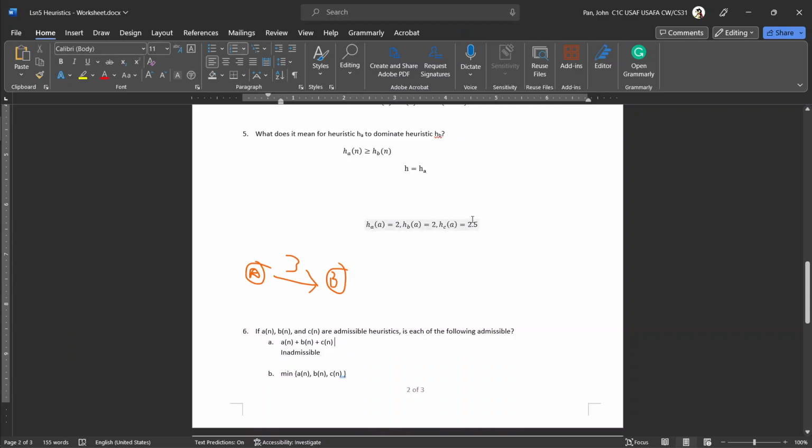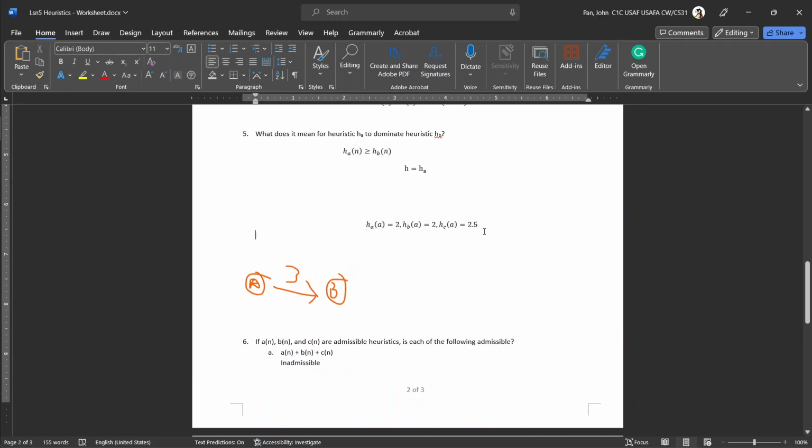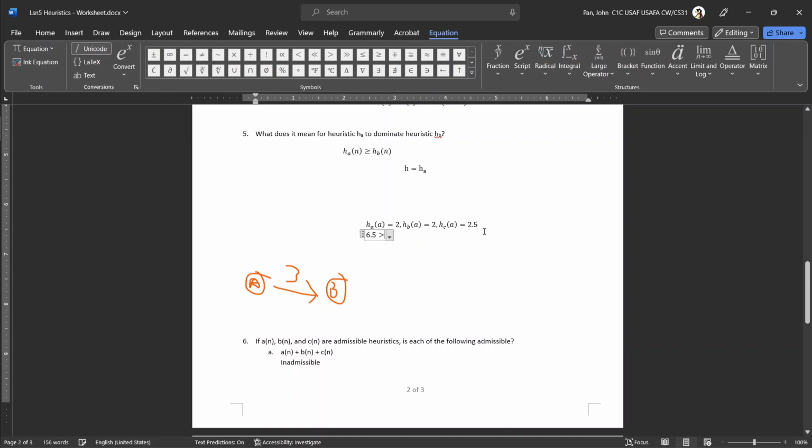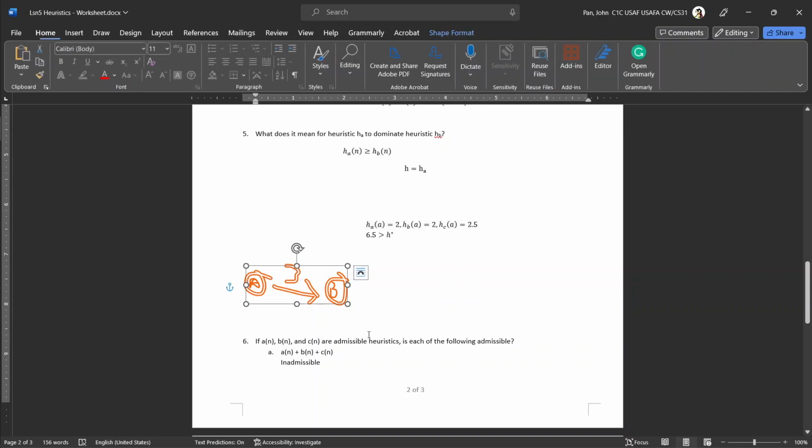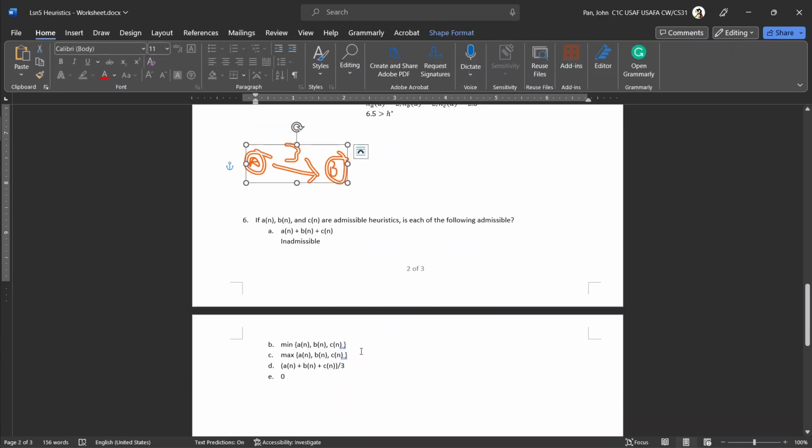And 6.5 is greater than H star in this case, which is 3. So that's an example of why A is inadmissible.